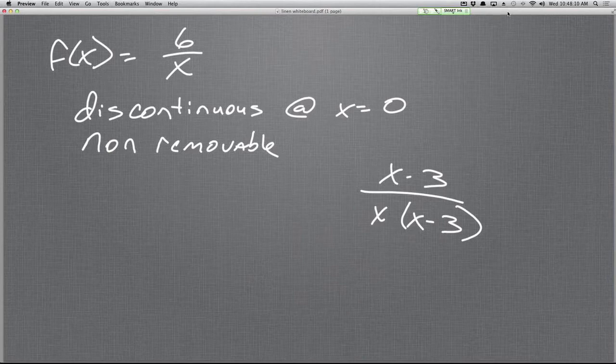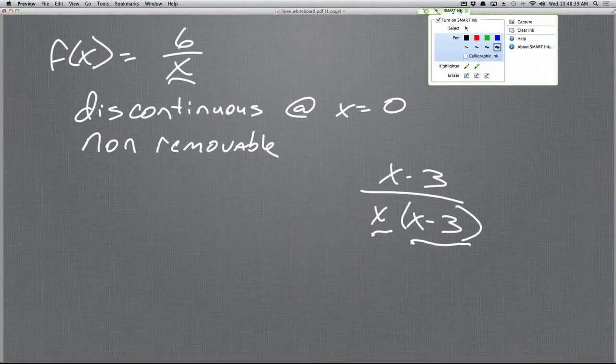If it can't cancel, you're dealing with an asymptote. So in this problem, this produces a hole, but this produces an asymptote. x can't cancel with anything, so I'm dealing with an asymptote. And if I'm dealing with an asymptote, what type of discontinuity is it? Non-removable.